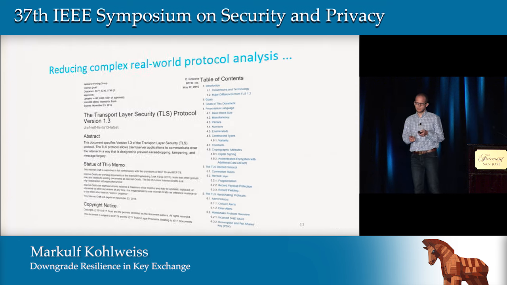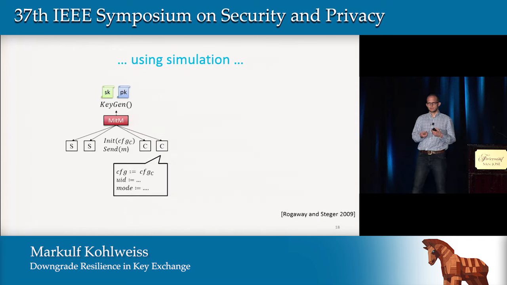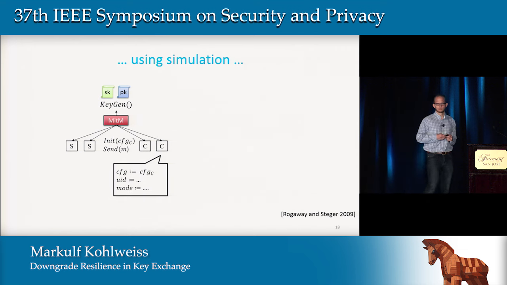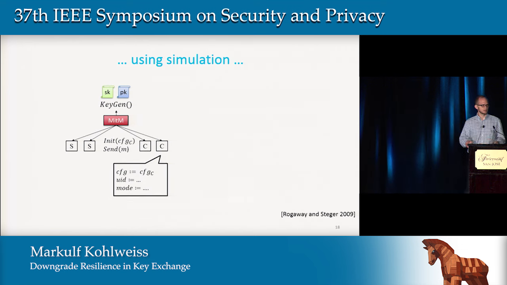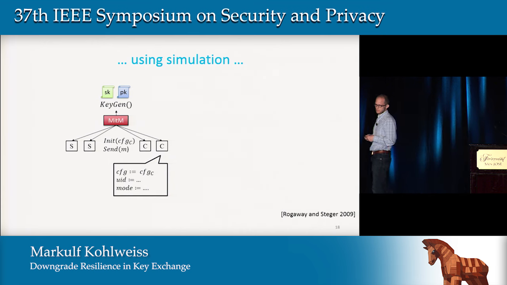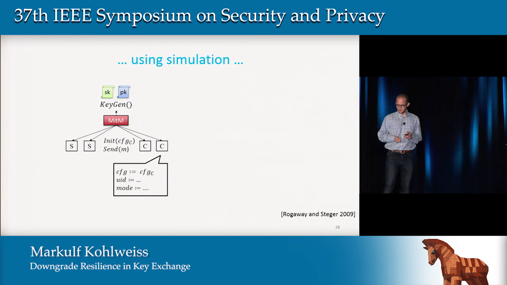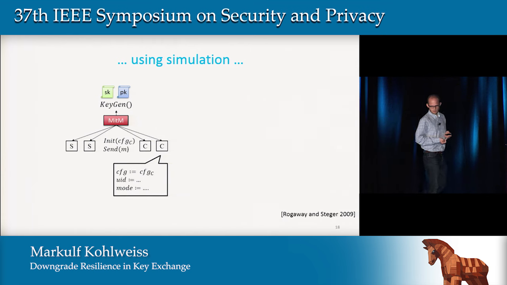We don't claim much novelty here, but we hope that these techniques will be picked up more, because this soundness issue of looking at partial protocols that miss attacks is really a big problem. And there's a very nice exposition of this by Wagner and Steger already in 2008. So there's really no excuse for not showing these simulations.